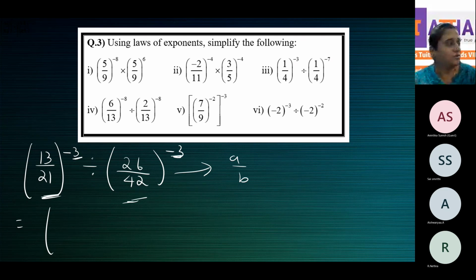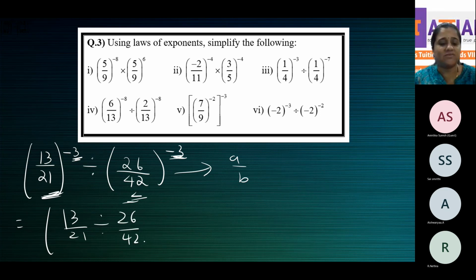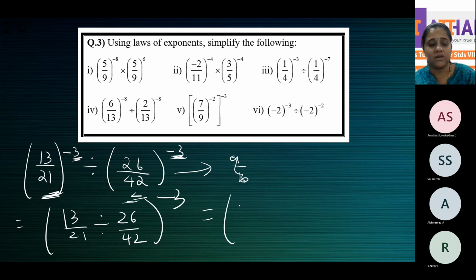What is the rule you will use here? When bases are different, but the power is the same, what should you do? Divide the bases. Write the bases 13 by 21 divided by 26 by 42 as they are, and raise it to the same power. What will be the step after this?